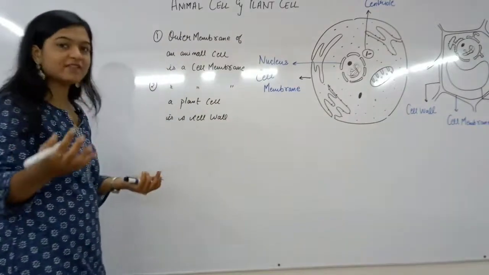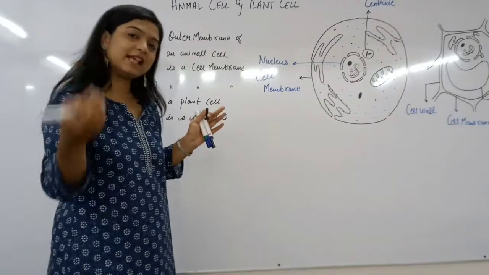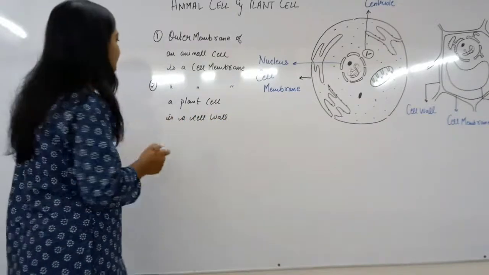Now plants will have a cell membrane too, but the cell wall will be the outermost membrane and the cell membrane will be the second membrane.